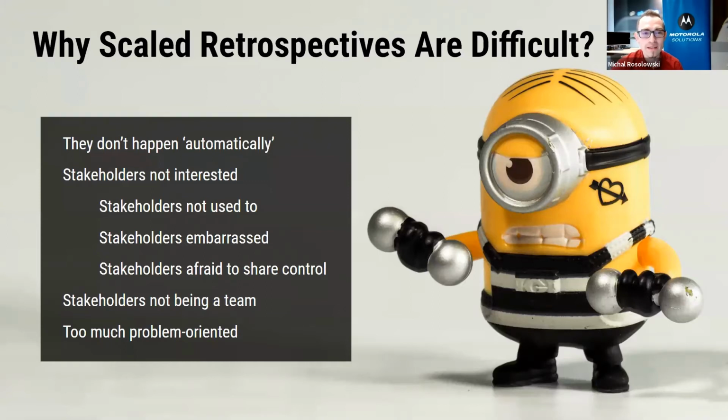Of course, many stakeholders are not just a team. So whatever practices you learned from regular retrospectives that happen on a development team, very often stakeholders are not a team. They are a group of individuals, a group of leaders. Sometimes they are even basically hostile, not very frequently.